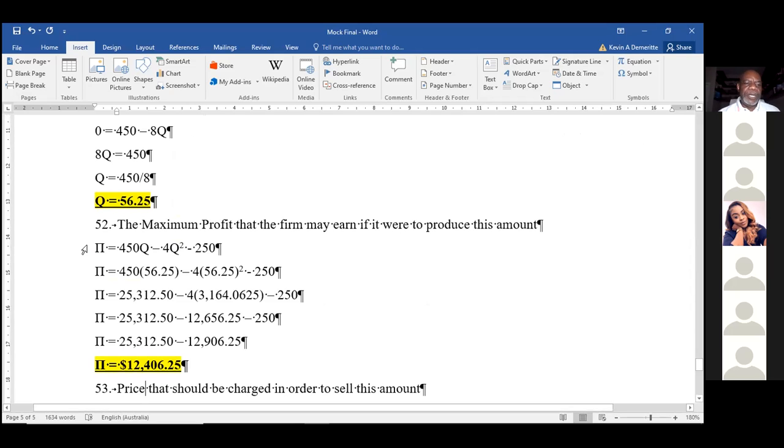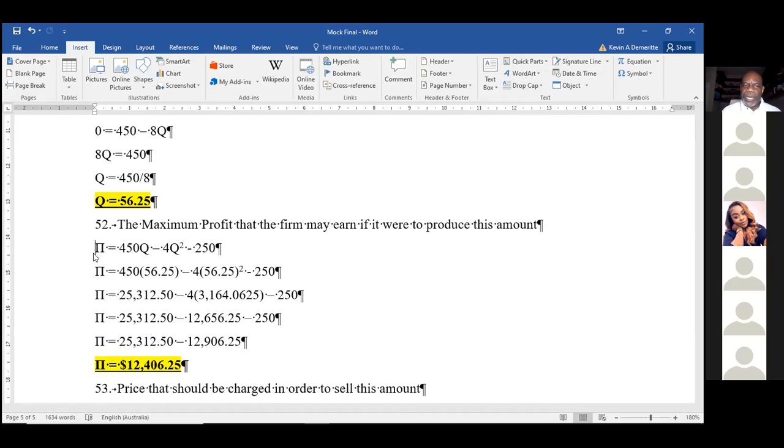Our profit function that we derived earlier was 450Q. Now this is profit, not marginal profit, so we make sure we get the right function. Our profit function is 450Q minus 4Q squared minus 250.